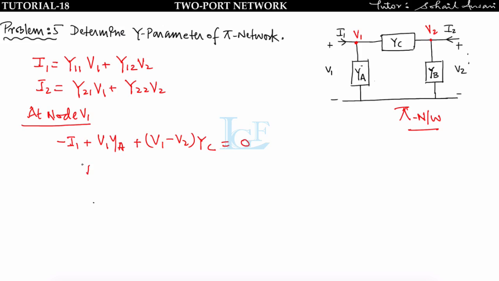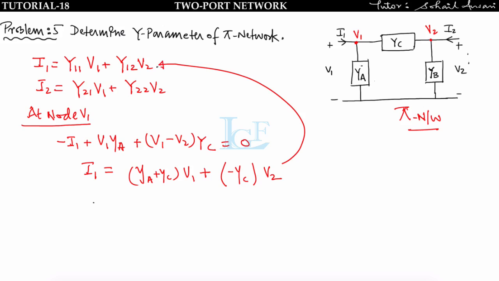So I1 I am getting YA plus YC into V1 plus minus YC into V2. Compare this with the equation and you will get Y11 is equal to YA plus YC and Y12 is equal to minus YC.